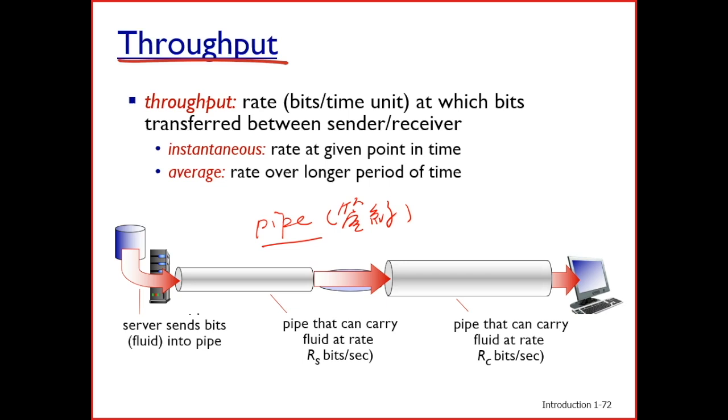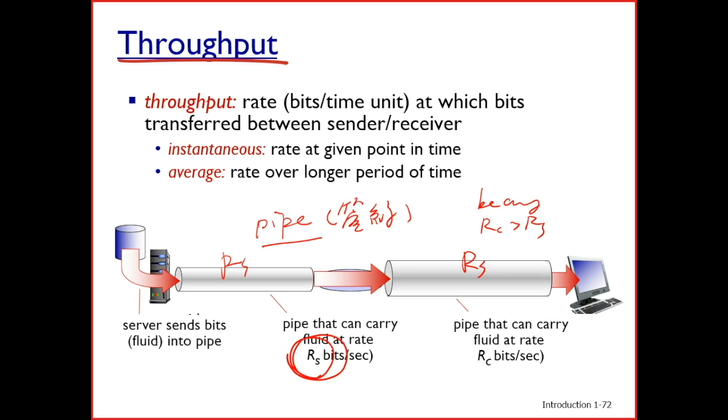About the current throughput: throughput here is RS, and throughput here is RS again. Why? Because previously you have the constrained throughput at RS, so you cannot have an increased throughput even if you have capacity RC for the client side.